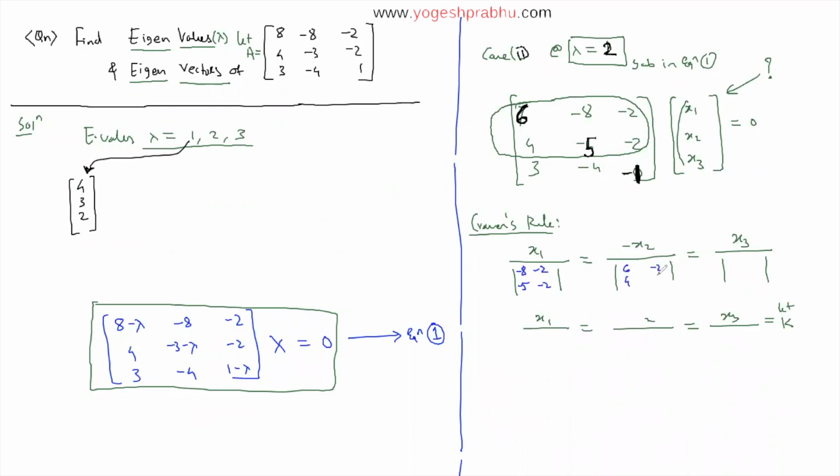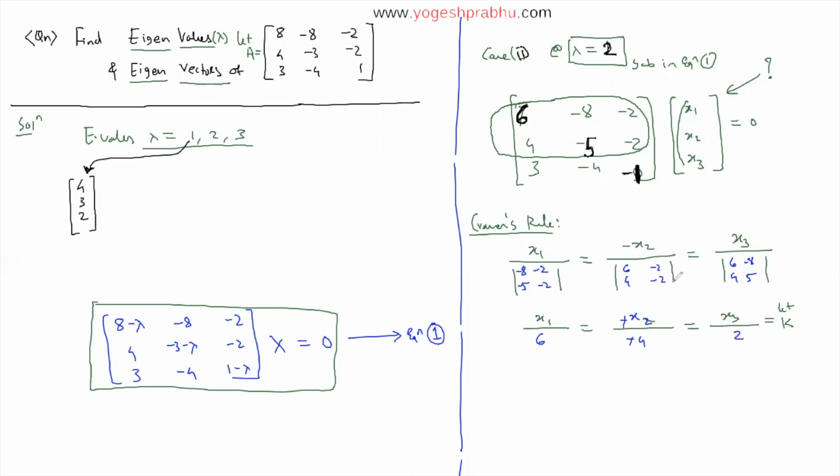And for x3 you will take 6, minus 8, 4 and 5. If you solve them, you will get x1 divided by, if you simplify this determinant, the value is 6. Then if you simplify this one, the value is minus 4, and then the minus cancels out. And for x3, it is divided by 2.